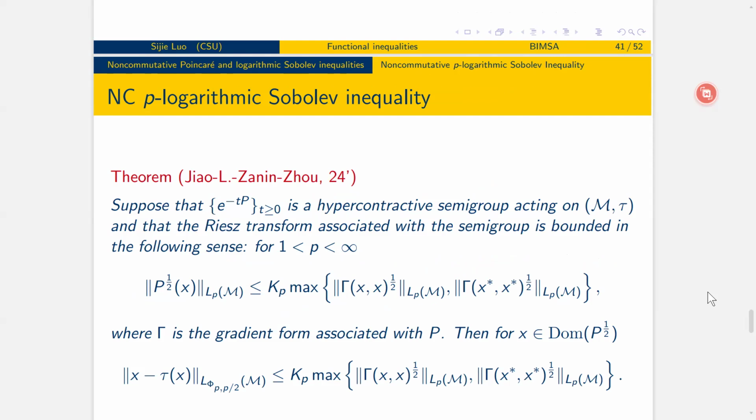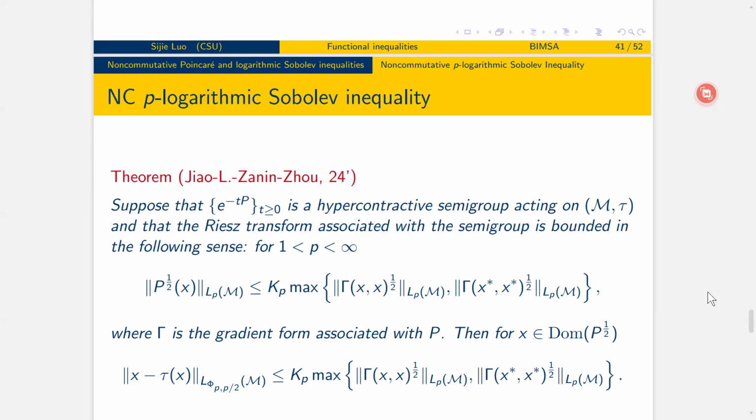Then we can get the result for the general p-log inequalities. This means that if the gradient of f belongs to L^p, then f belongs to the Sigma space L^p log L with power p over 2. Okay, this is the result.